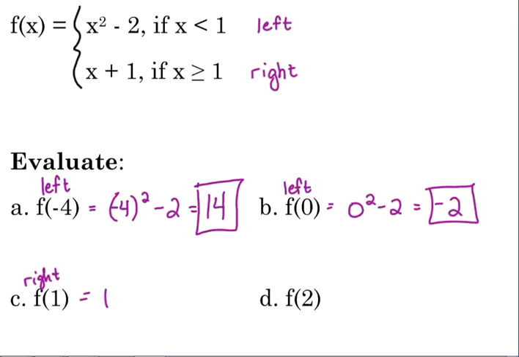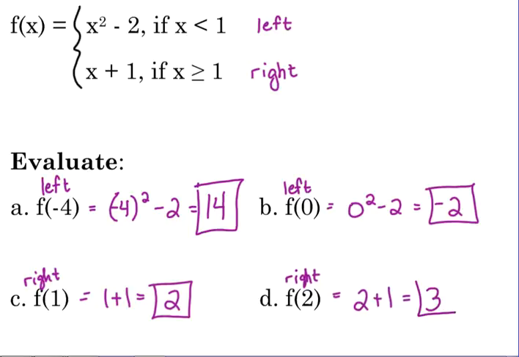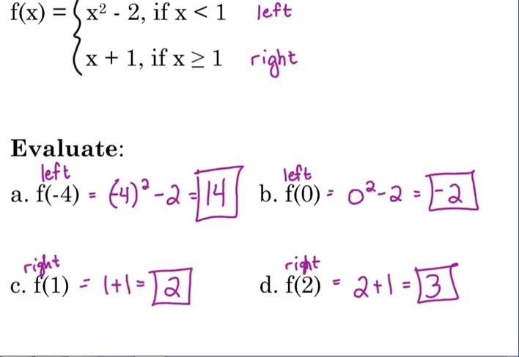So 1 plus 1 is 2. Okay, and f of 2, 2 is greater than 1. So that means we plug this into the right side as well. So 2 plus 1 is 3. Okay, we could evaluate it for any number of values that we want, but those are just a few.